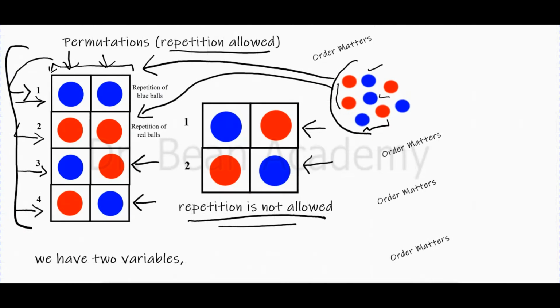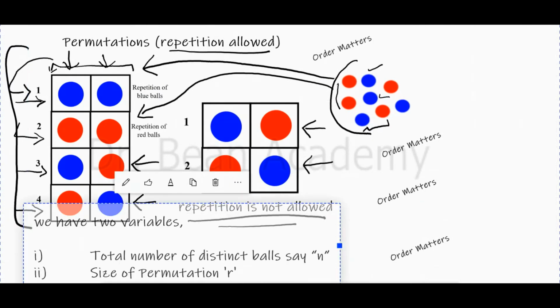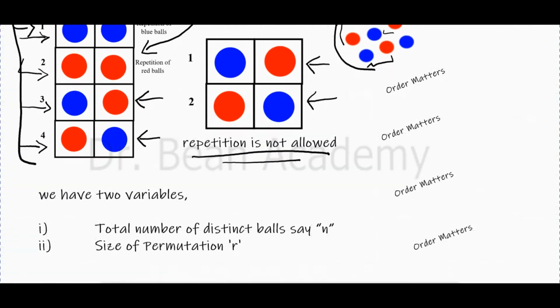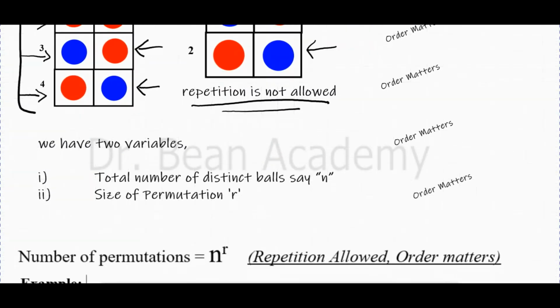So let's go and check if we can find the relevant formulas. We have two variables here if you think about it logically, because these two variables will affect the number of permutations possible in a certain situation. For example, the first is the number n. We call it n.